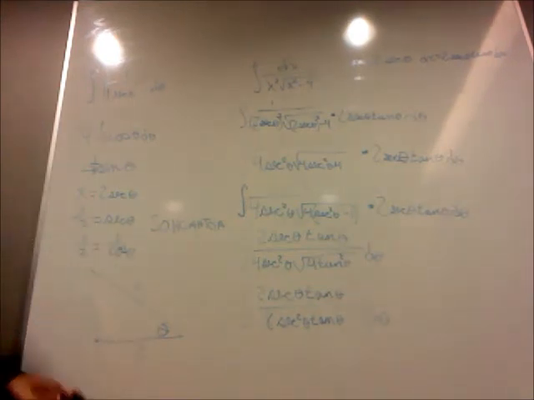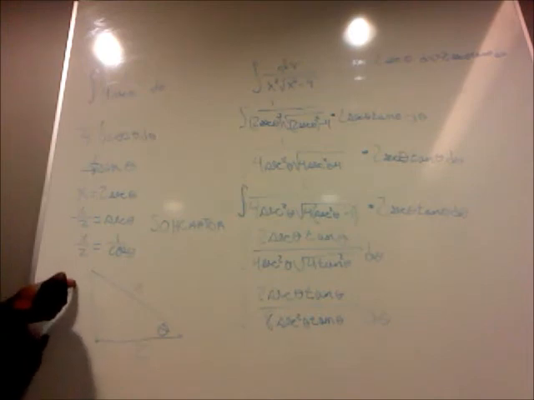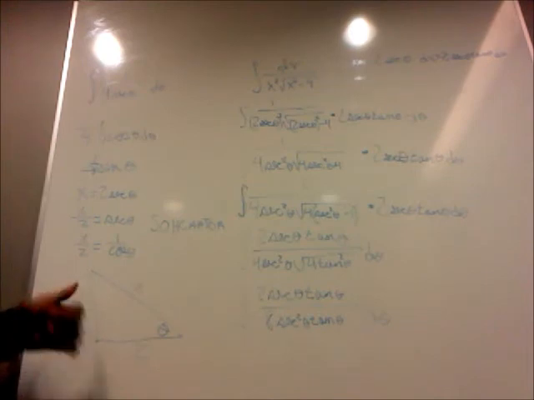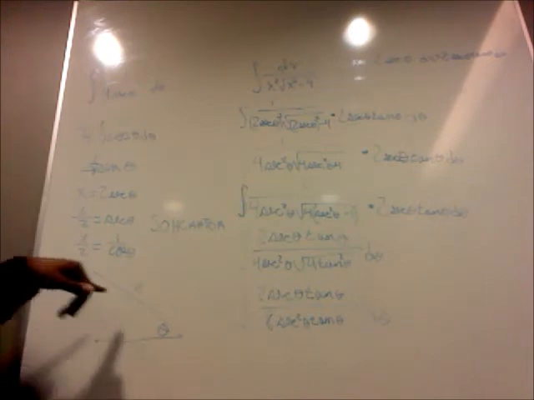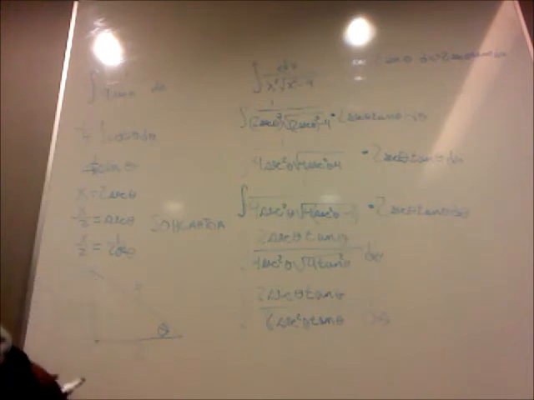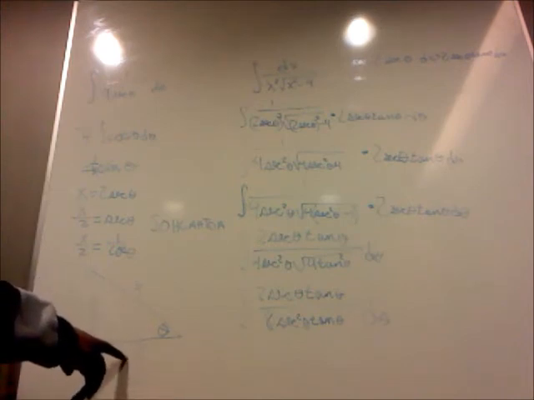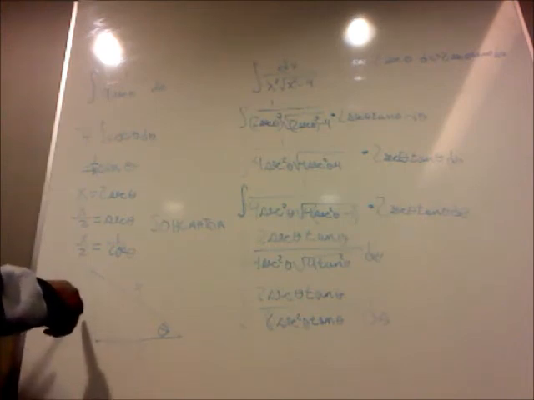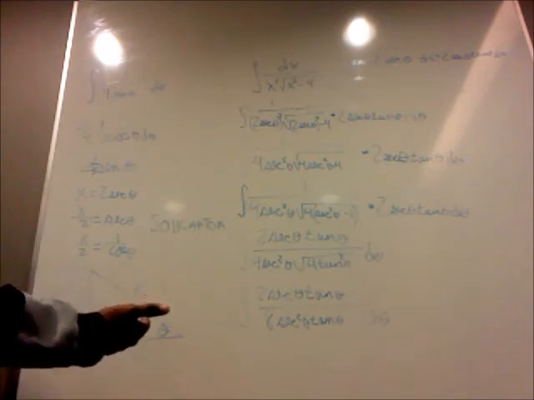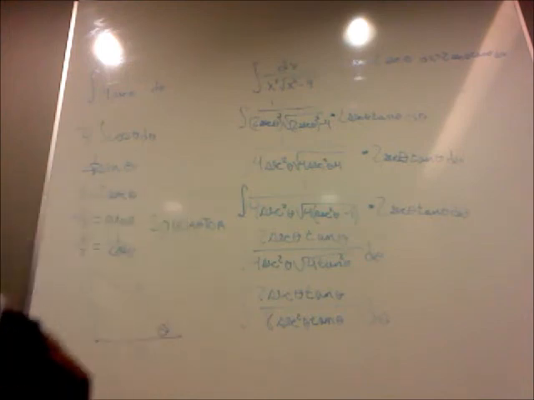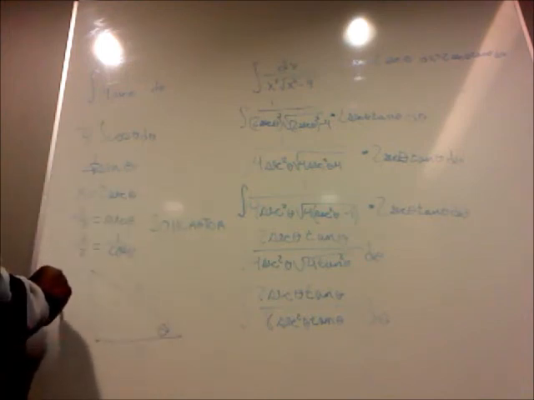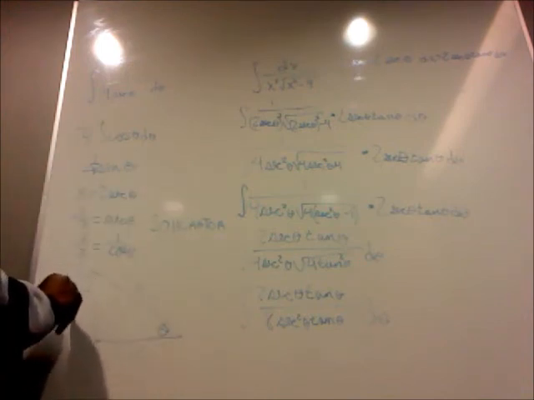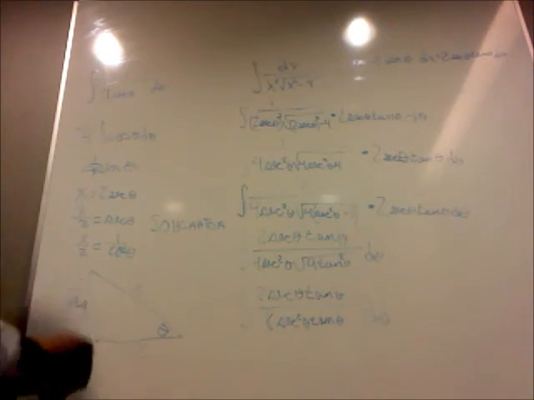And using the Pythagorean theorem, we can figure out what this leg is. You know that a squared plus b squared equals c squared. So if you have 2 squared plus something equals x squared, you know that 2 squared is going to equal 4. And you want to be able to cancel the 4's out. So it's going to be the square root of x squared minus 4.